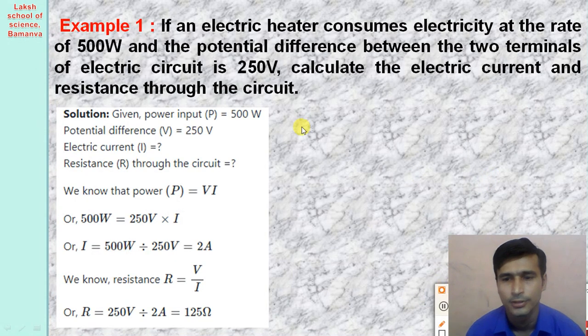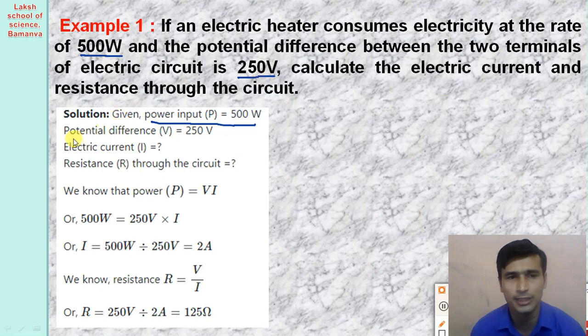Example number 2. If an electric heater consumes electricity at a rate of 500 watt. What is the unit of the electric power? Right? So here the power is given to you, 500 watt. So power input P is 500 watt, and the potential difference between the two terminals of the electric circuit is 250 volt.